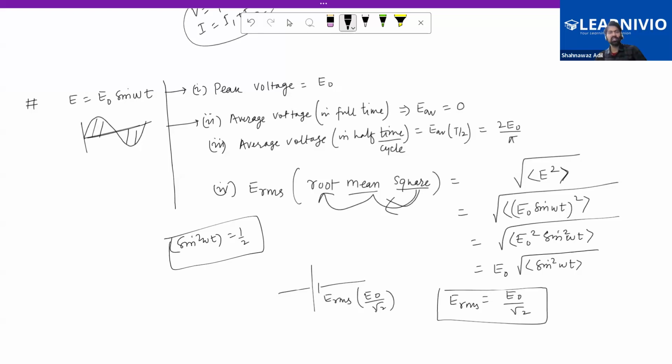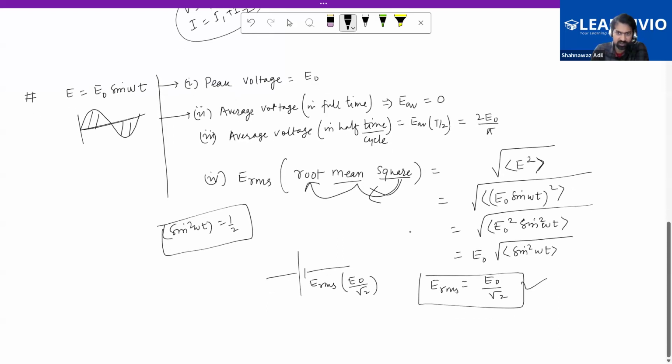In the AC question, they will always give you this RMS value. So just note down this part, and then we'll talk about different circuits. Just note down all these parts, they are important. Quickly note down this part.